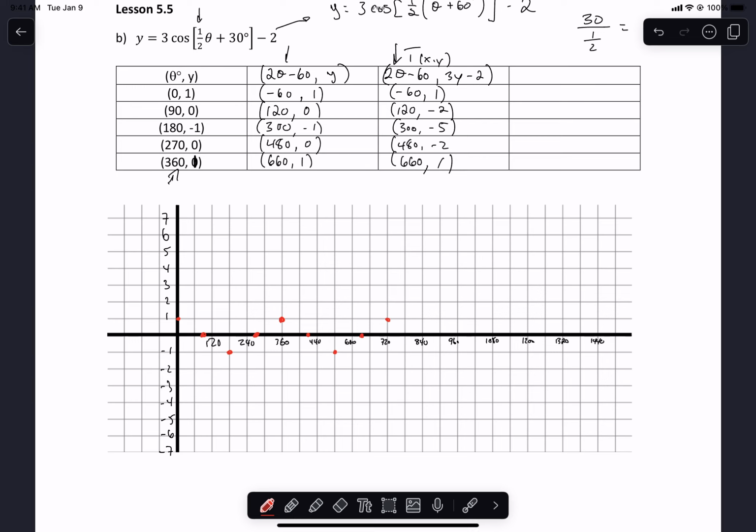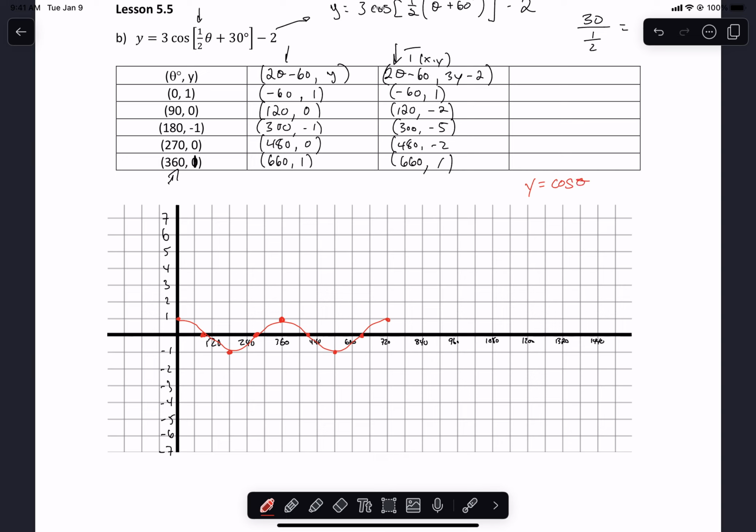Okay, let's see how I do here. Okay, that's the graph of y equals cos theta.